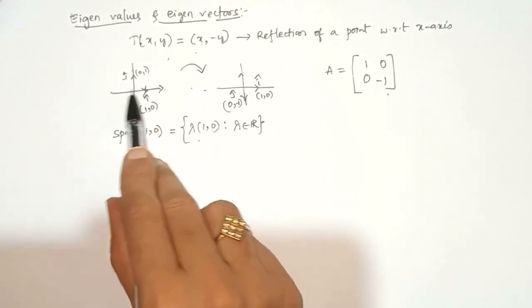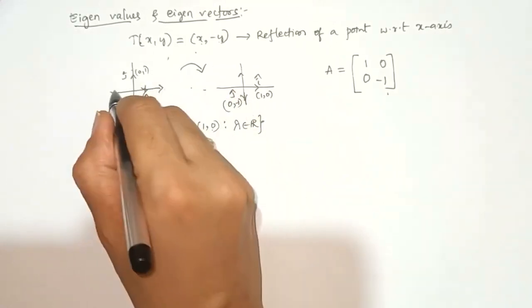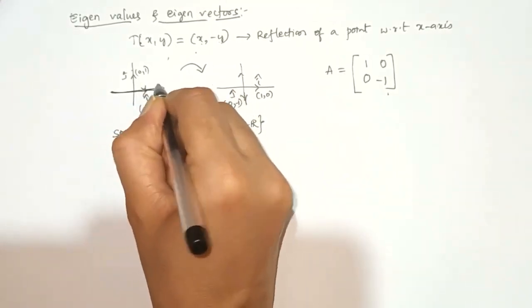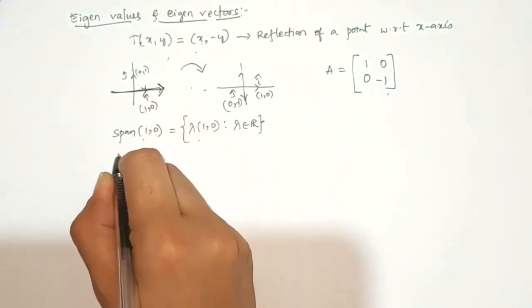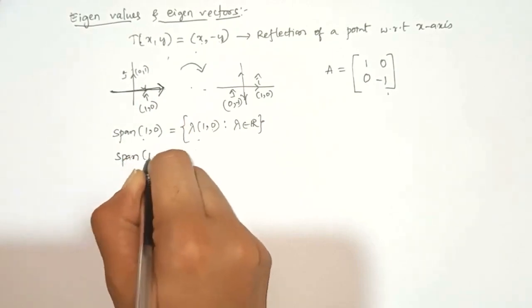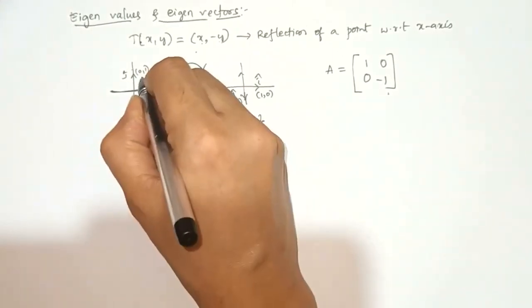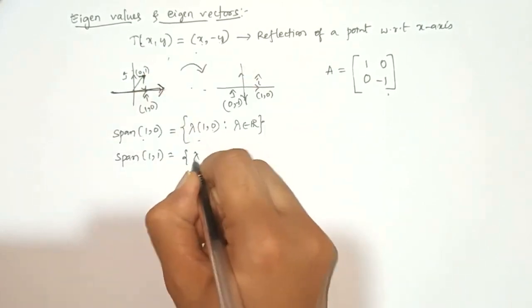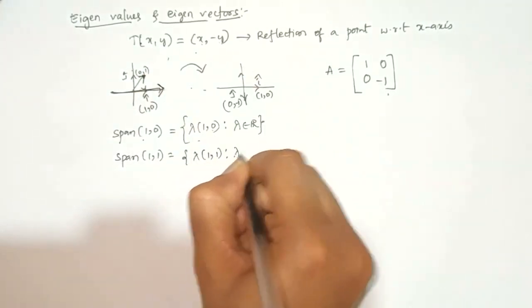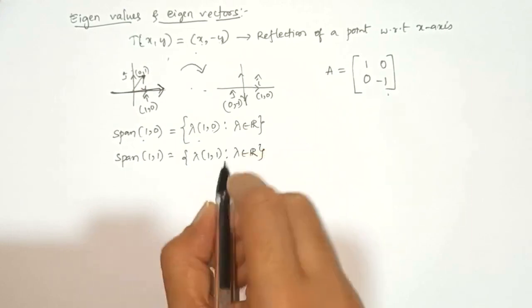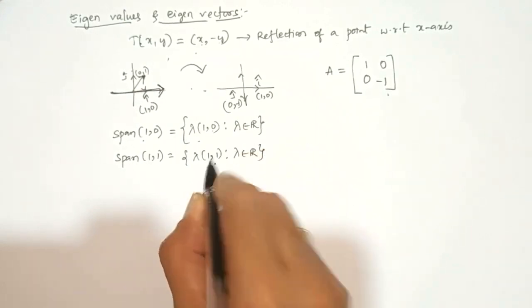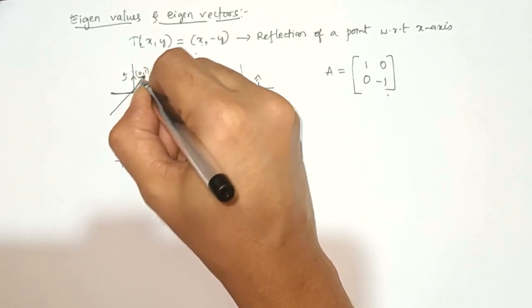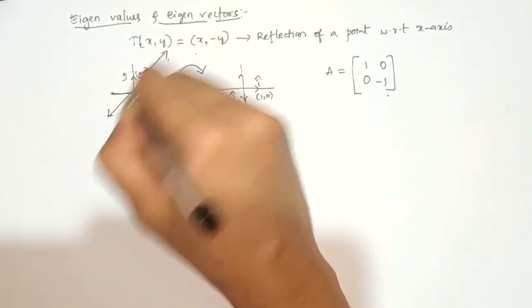That is nothing but the entire x-axis. Now consider any other point, like the span of (1, 1). The point (1, 1) is here. Span of (1, 1) is lambda times (1, 1), all multiples of (1, 1). They are nothing but the entire line.